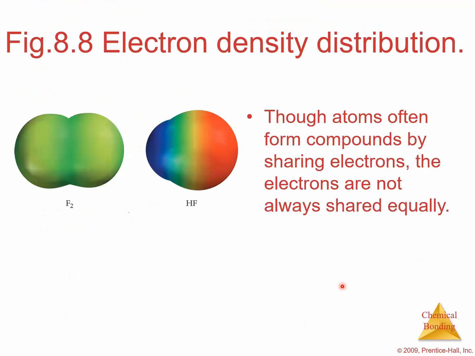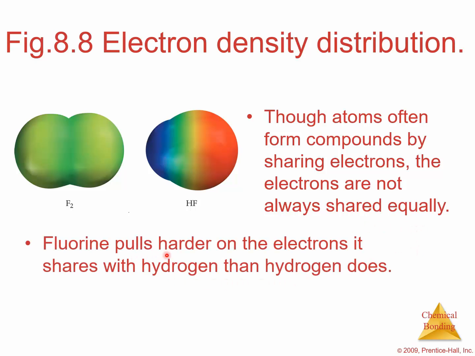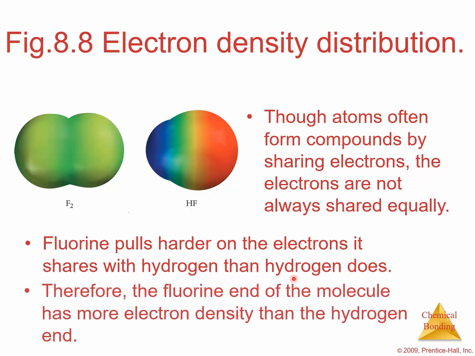Now, electronegativity and bond polarity. Electron density distribution: though atoms often form compounds by sharing electrons, the electrons are not always shared equally. Fluorine pulls harder on the electrons it shares with hydrogen than hydrogen does. Therefore, the fluorine end of the molecule has more electron density than hydrogen, as you can see here.